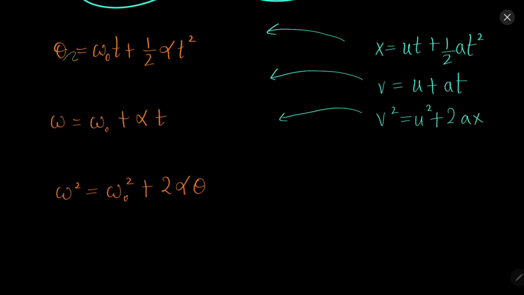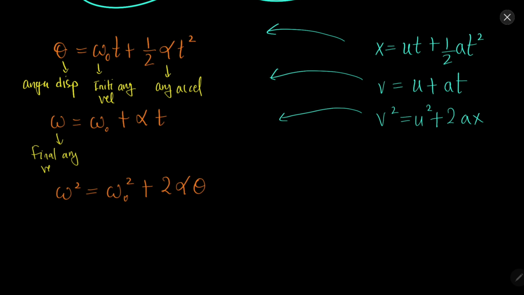So what are the meanings of these terms? The first term, theta, is the angular displacement. Omega naught is the initial angular velocity. Obviously t is time. Alpha is angular acceleration. Then omega is the final angular velocity.